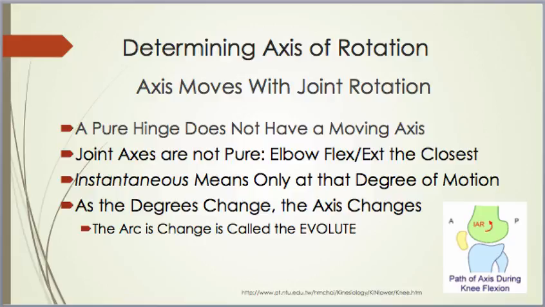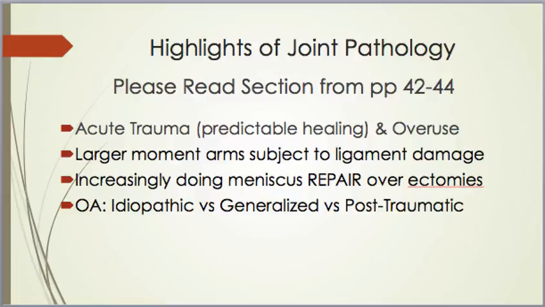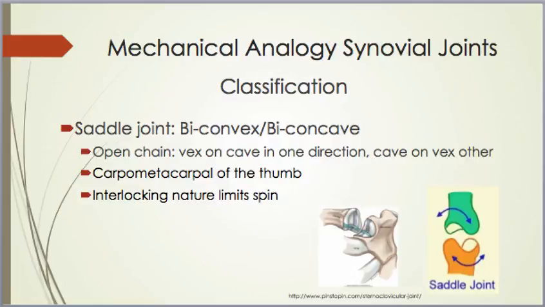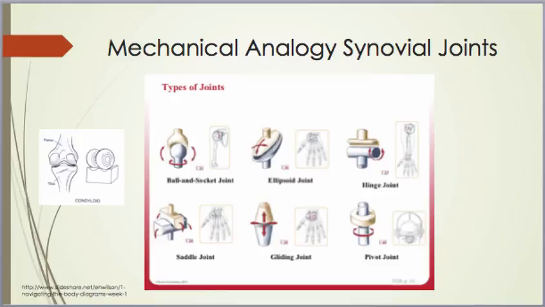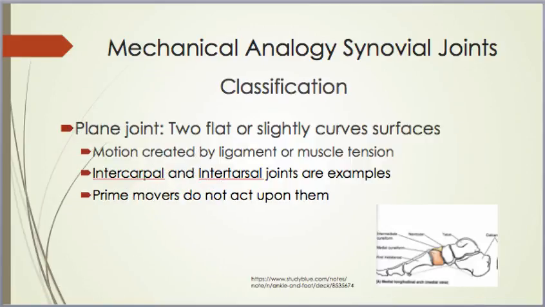So when you hear instantaneous axis of rotation, that means that it is particular to that degree of motion. Now, obviously, we can't measure that each time. It's much too complicated, but nevertheless, you should understand that that is the case.